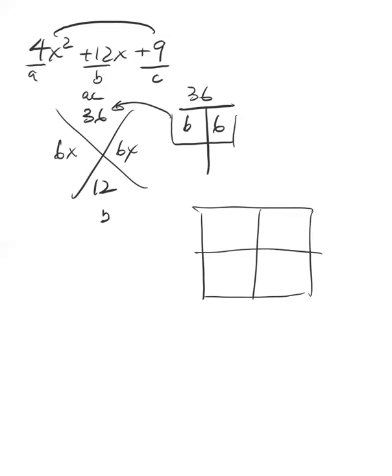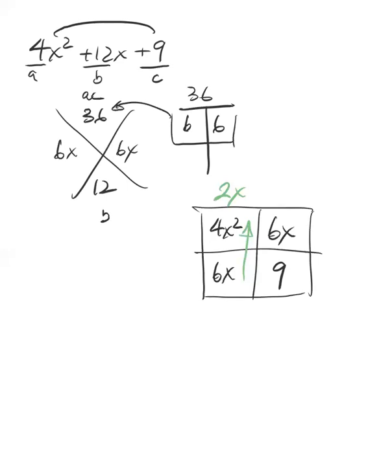Okay, so these guys go into the box. Remember, what's our a term? Our a term is 4x squared. Our c term is 9. And then the two 6x's can go into either side here. So I'm going to factor out of these guys here first. And I can factor out a 2x.